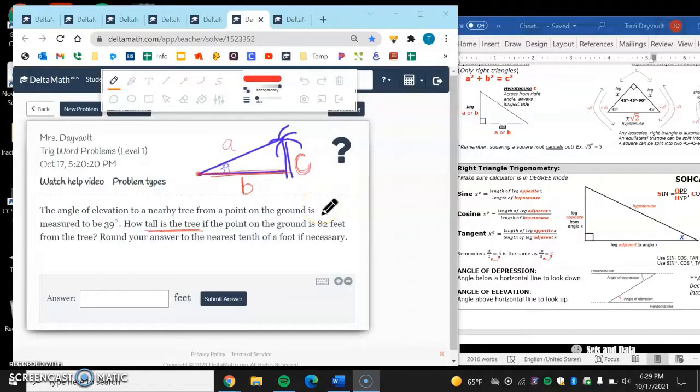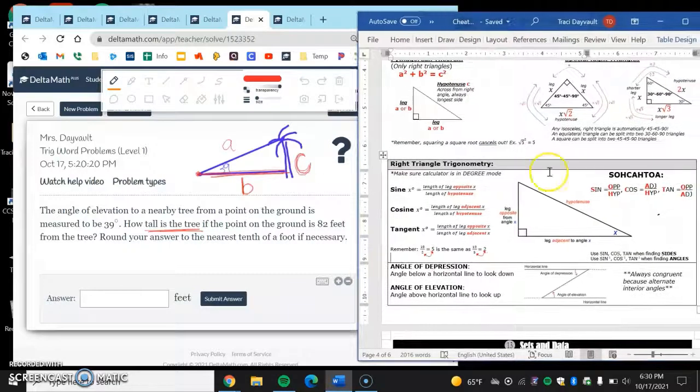I also want you to keep in mind that Delta Math, at the time I'm making this video, doesn't have any questions that ask you for the angle. So you will need to know how to do the ones that are asking you for an angle using inverse. For example, if I gave you the height of the tree and the distance from the ground and asked you what the angle of elevation or angle of depression was, you do need to know how to solve those as well.